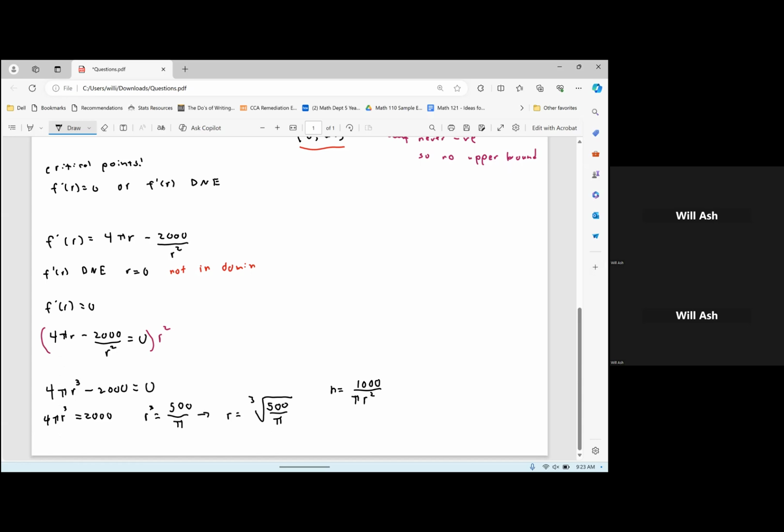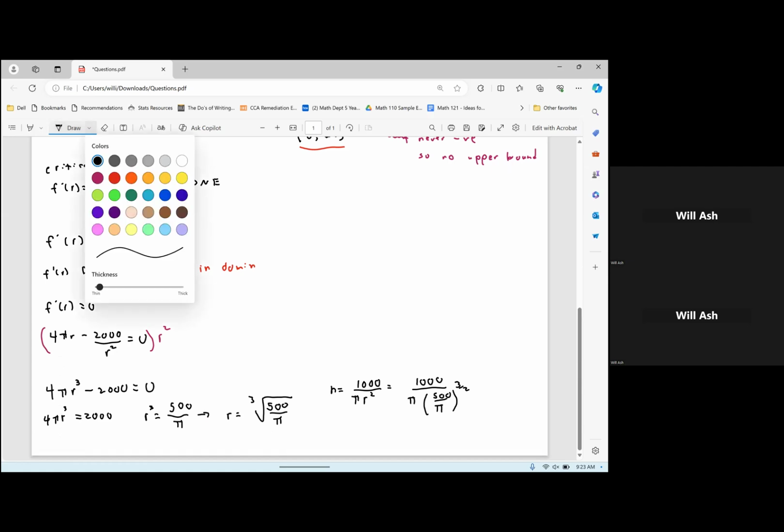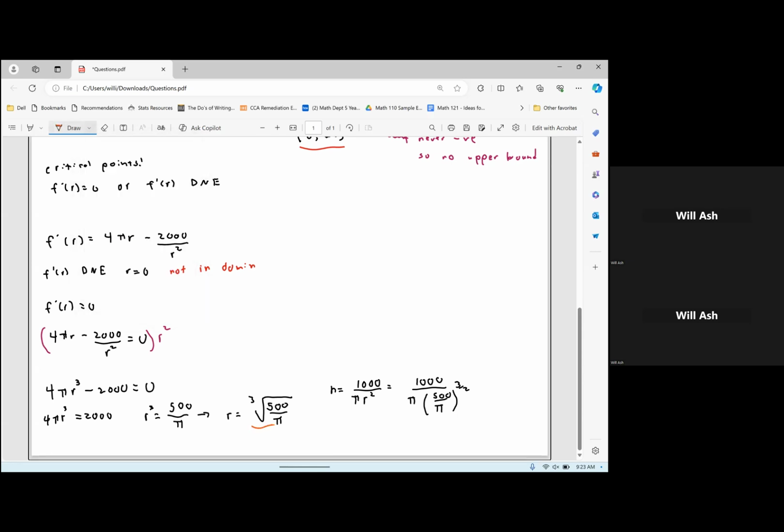So that's going to be 1,000 over pi times 500 over pi to the 3/2. And it's okay if we just leave it like that. We leave these things in exact form. So there is our answer. There's your r, there's your h.